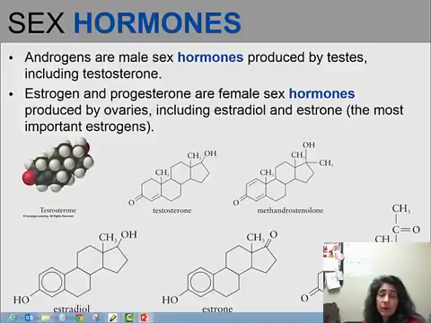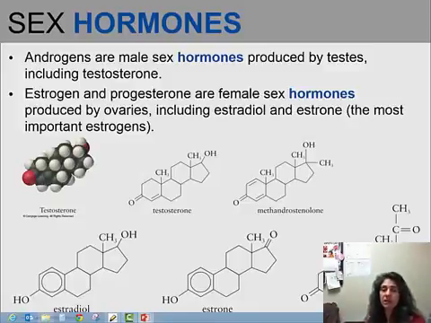So if we were to draw just a map, we would start out with cholesterol, run a chemical reaction, and get progesterone. So that means that males and females both are producing progesterone, and then from there, females will use a certain amount of progesterone and then of course convert some of it into estradiol, and the males are going to be converting progesterone into some testosterone. And so it's actually all coming from that same pathway.